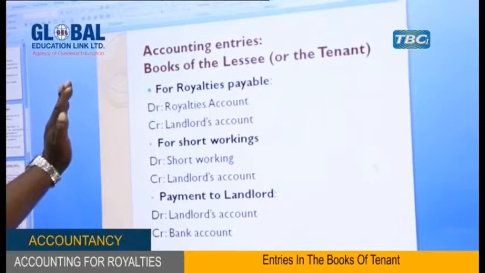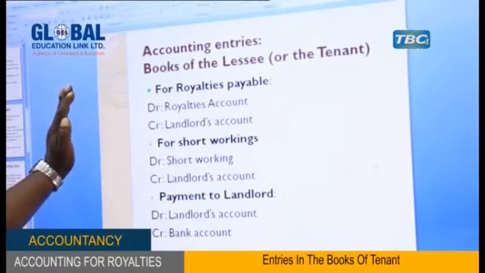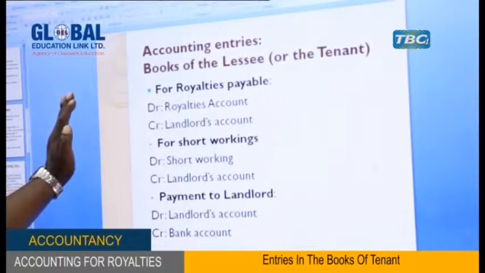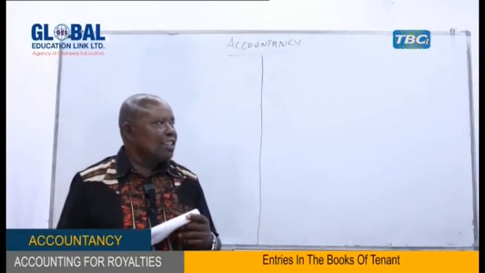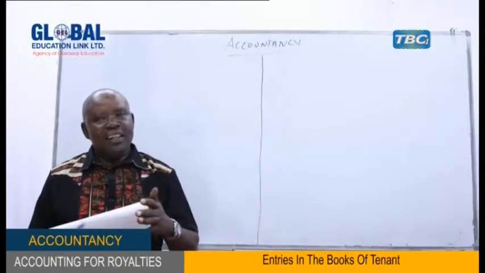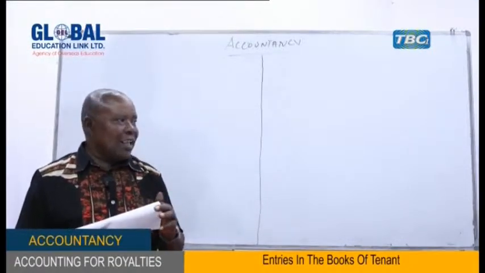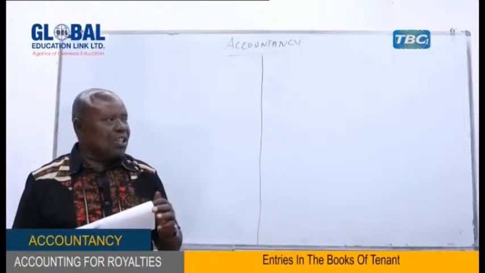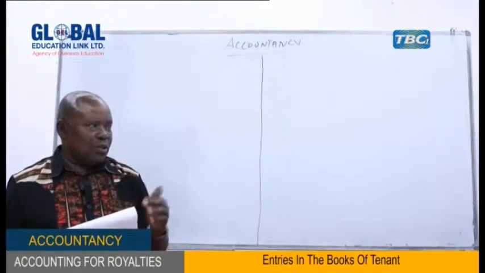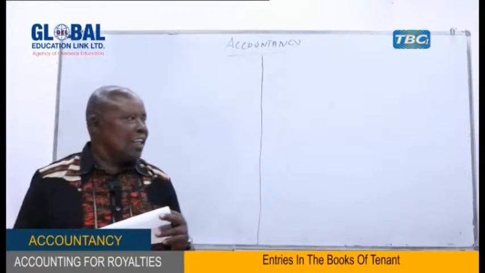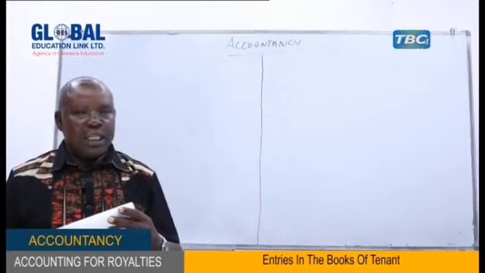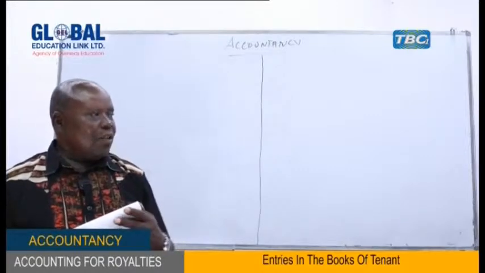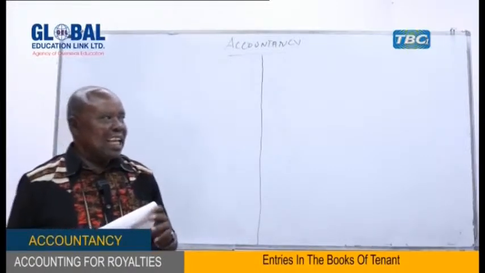The first category is when royalties are due, when the landlord is supposed to be paid. The second is when there is a short working, so we are supposed also to add up to the amount due to the landlord. Then we have payment to landlord. And lastly, when we are closing the entry.